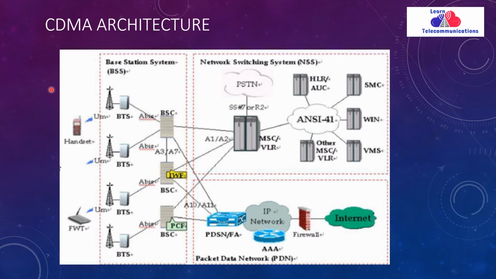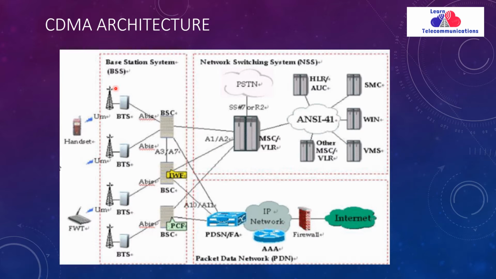So this is a CDMA architecture where the base station is connected to a base station controller, BSC, using a base interface, and different base stations are connected through an interface called A3 A7 interface, and all the base station controllers are connected to the mobile switching center, visitor location register, and home location register through the A1 A2 interface.